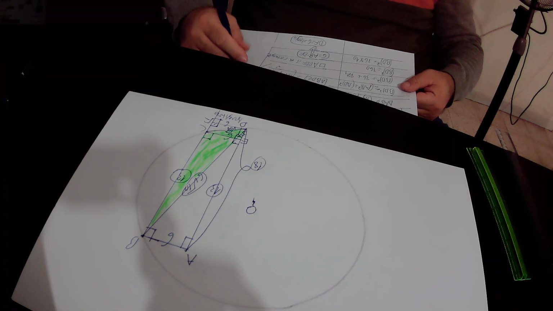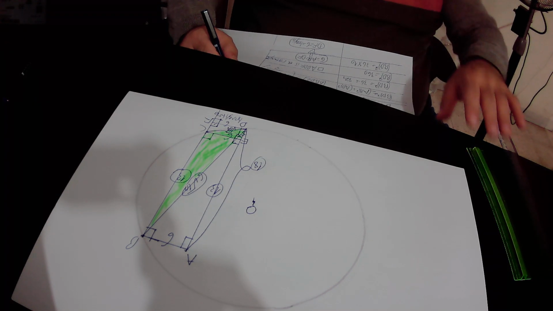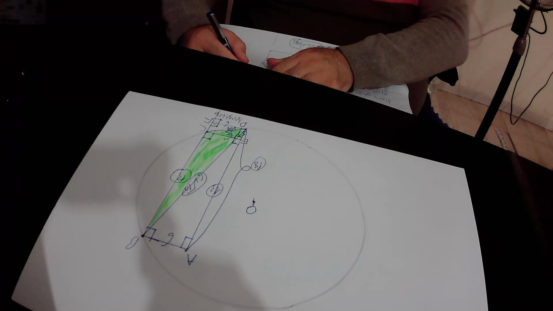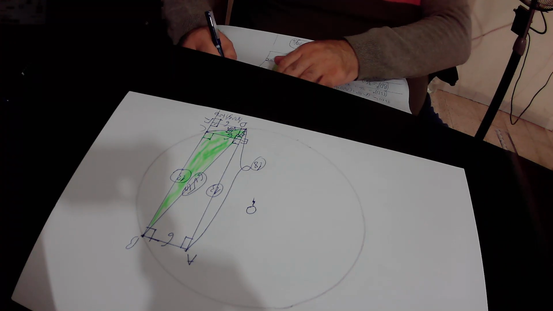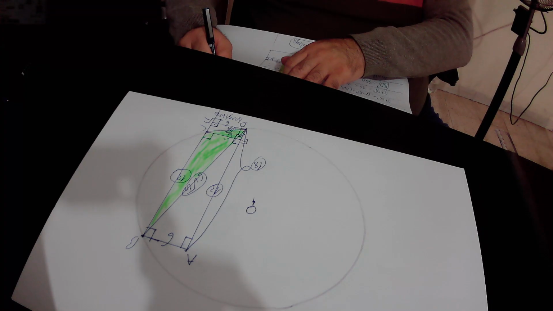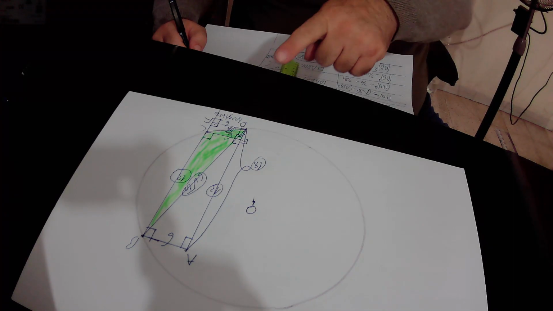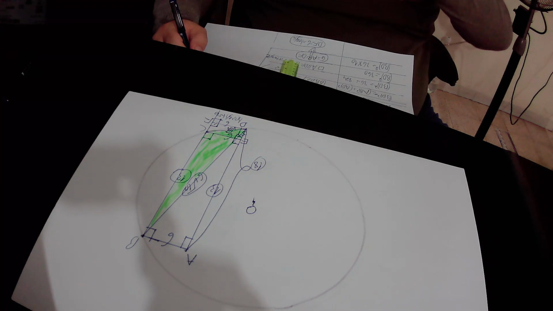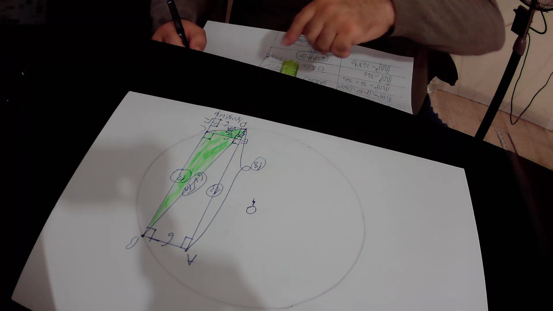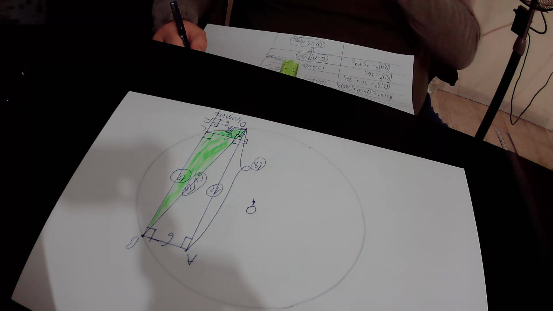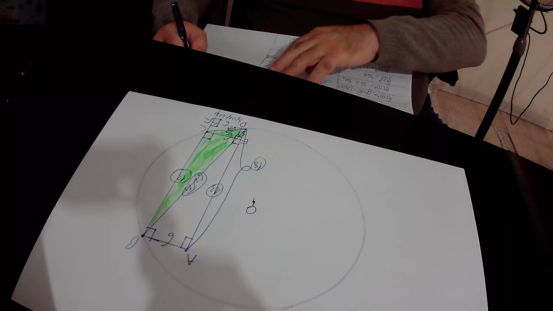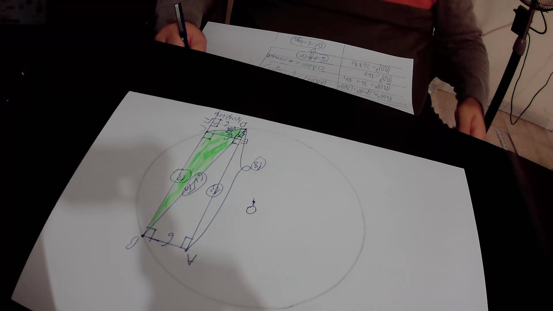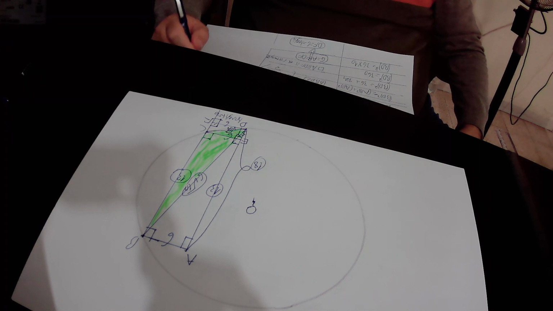So the area of the green triangle, triangle BDC, will be equal to the base of the triangle. The base is BC. It is given in the question that BC equals 13, so we substitute the base BC by 13 times the height to the base.